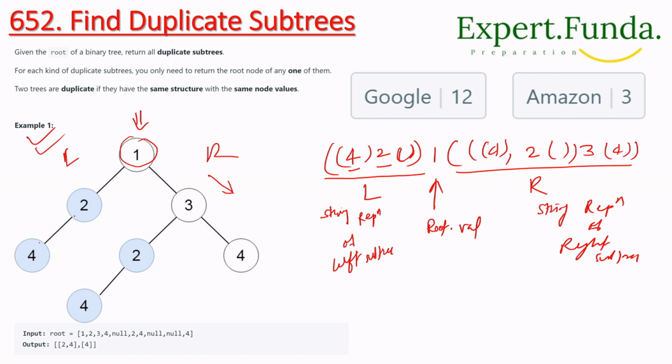Okay, similarly we'll take for this one, first 4, then 2, and then we have 3, and then we have 4, right? Like this we will do that, because this is also a root now. So this will become the left part, and this will become the right part. Okay, like this we will do that.